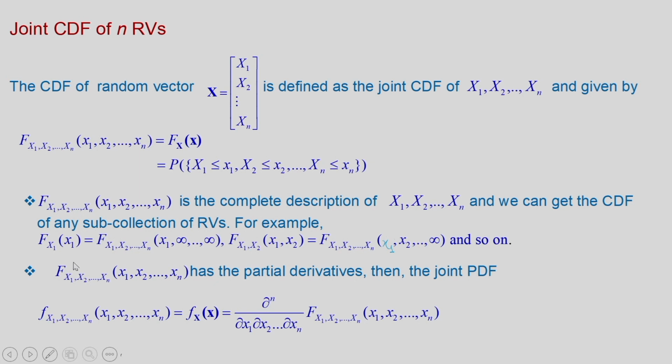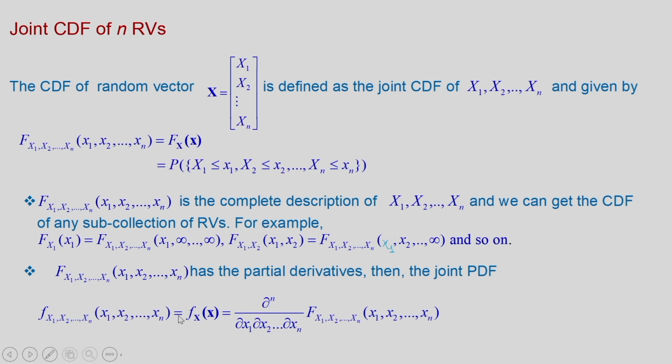If the joint CDF at point x1, x2 up to xn has partial derivatives, then we can define the joint PDF, written as small f x1, x2 up to xn at point x1, x2 up to xn.